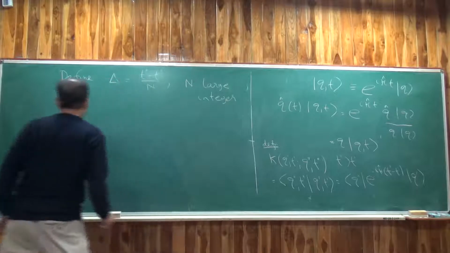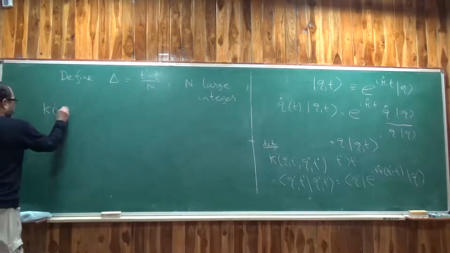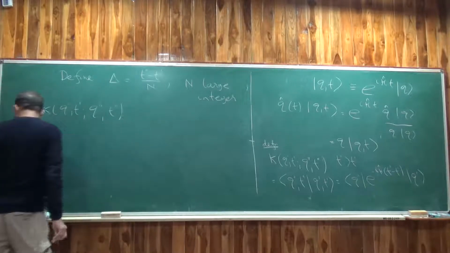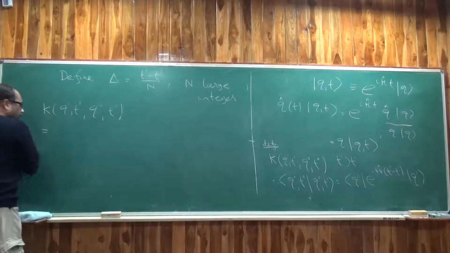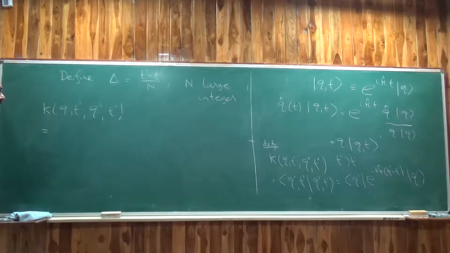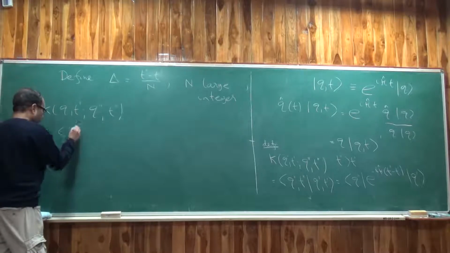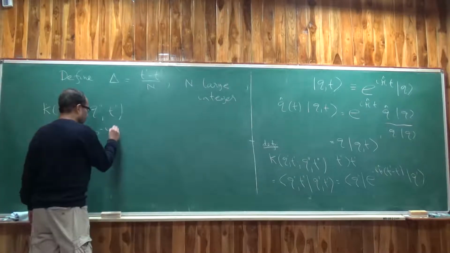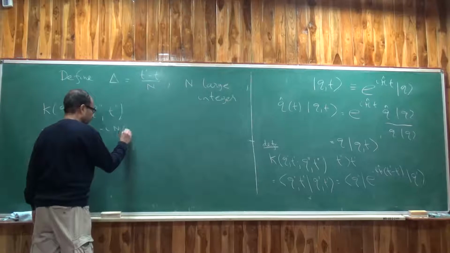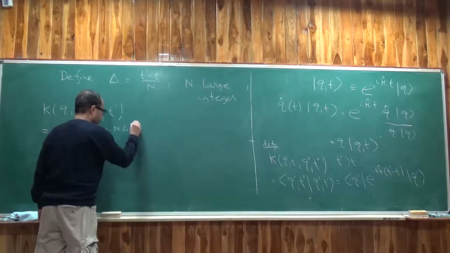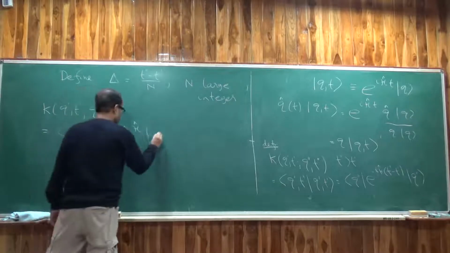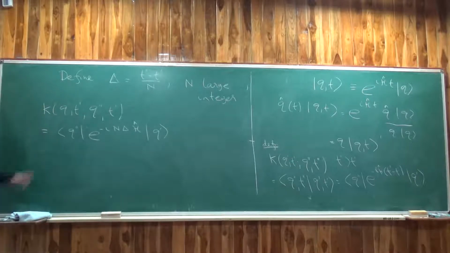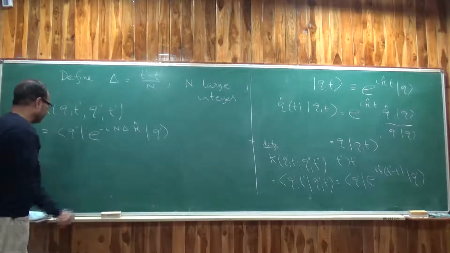And let's write that expression. n delta is just t'' minus t', so this is an identity.